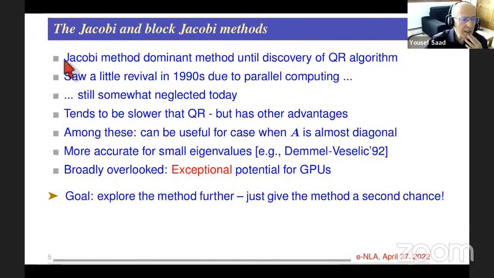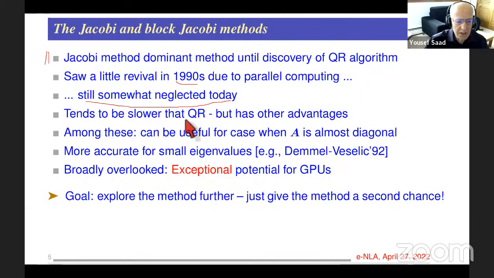That was the main means of computing eigenvalues of a symmetric matrix. Then there was a little revival in the 90s with parallel computing, but it's still not that much discussed today. It looks like everything regarding Jacobi has essentially been written, right?